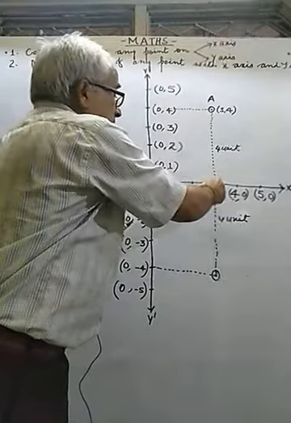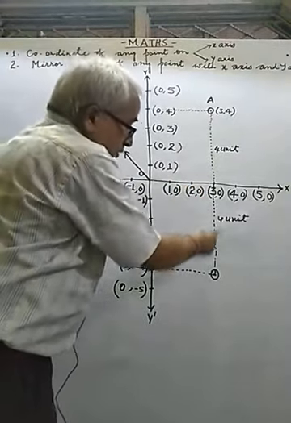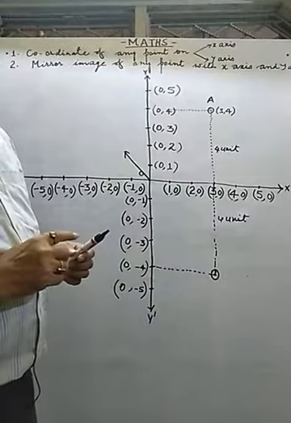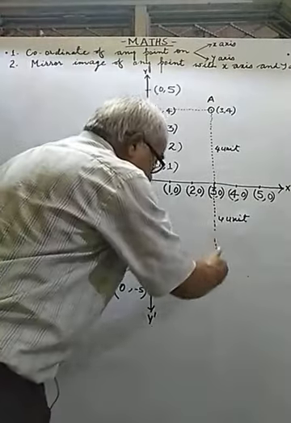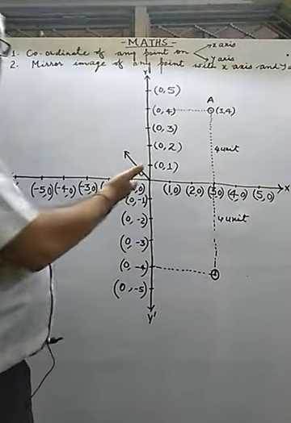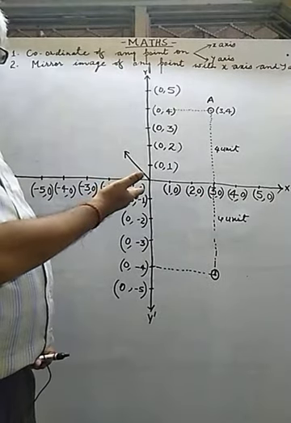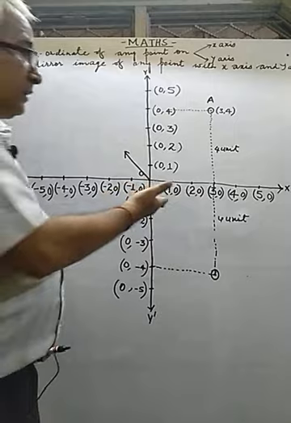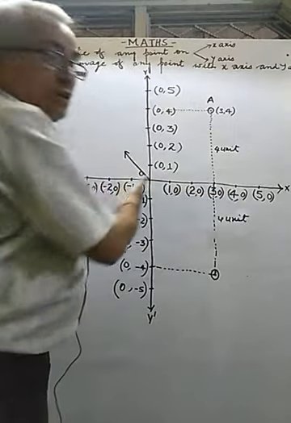From here to there it is 4 units. Therefore, from here to there will also be 4 units. Now it goes 4 units below, and this one is behaving as the x-axis. This one is going on with respect to the x-axis. Clear? So the x-axis is behaving just like a mirror.